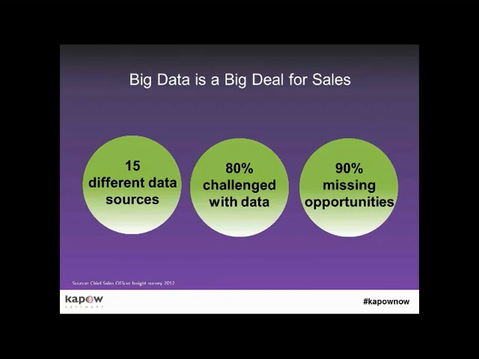CSO Magazine recently did a survey, and they basically confirmed what Uriah says and what we've experienced locally at Kapow. From their survey, they found that on average, a sales rep would use 15 different data sources to do research or to manage their day-to-day work, managing and tracking opportunities and leads. That would include doing Google searches, going to Business Week, going to Zoominfo, LinkedIn.